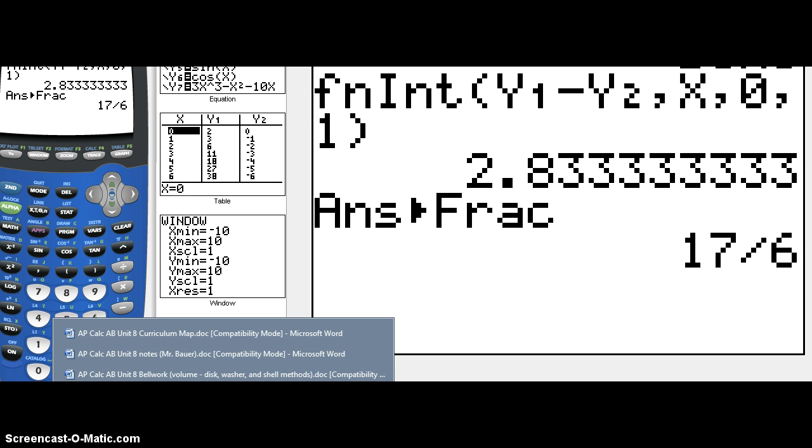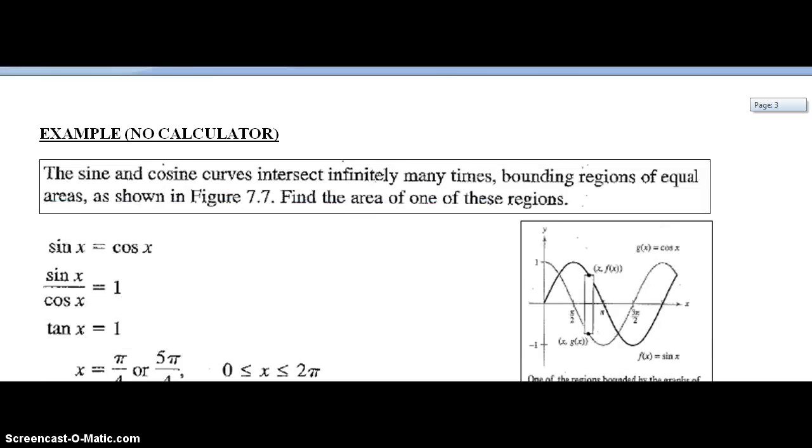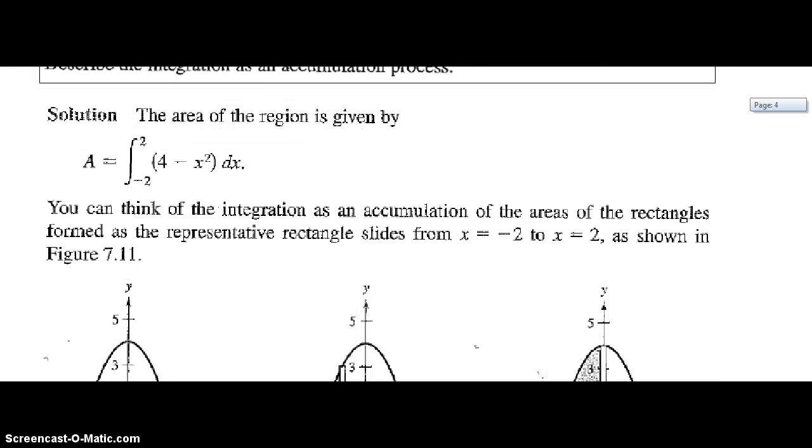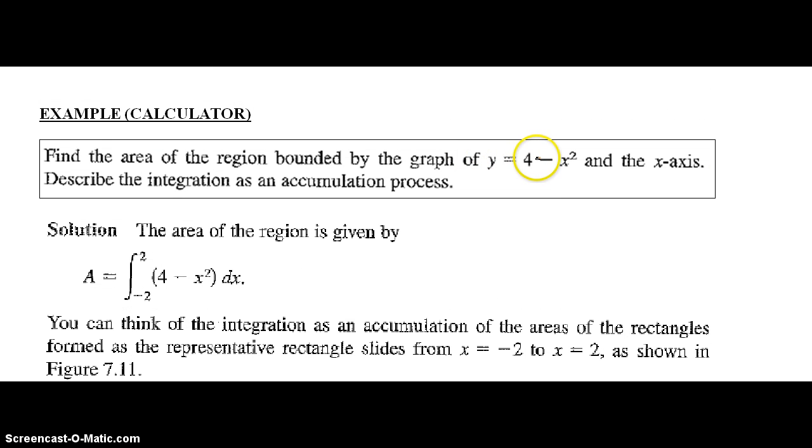So finding the area between two curves is a relatively simple concept, an extension of what we've already done by finding the area of a region between a curve and the x-axis, which we've commonly said is the area under a curve. If I scroll down in the notes here, it would be like asking you to find the area of the region bounded by the graph of y equals 4 minus x squared and the x-axis.